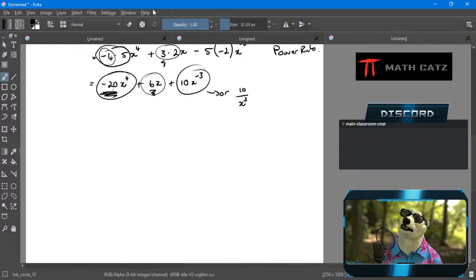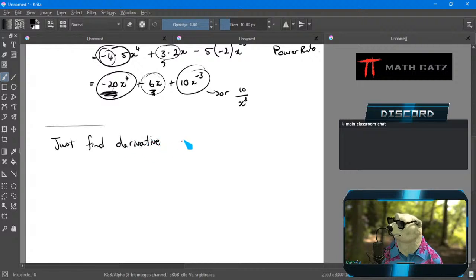If the question wants me to pull this apart and say every property I'm using, then yeah, do that. But if I just want to find the derivative, just find the derivative. You don't get any extra marks for saying every property if the question doesn't say you have to do that. And you just want to find it.